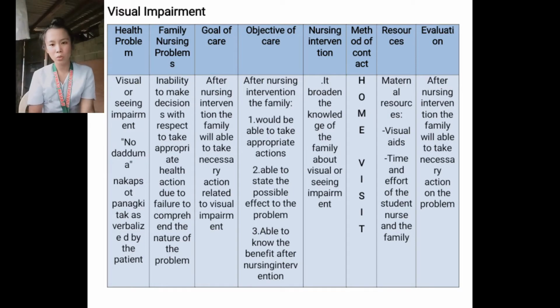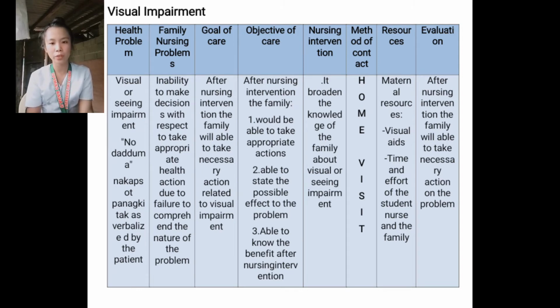Last problem is the visual impairment. Health problem is visual or seeing impairment, "no dabduma nakapsot ti panagkitak," as verbalized by the patient. Family nursing problem: inability to make decisions with respect to taking appropriate health action due to failure to comprehend the nature of the problem.